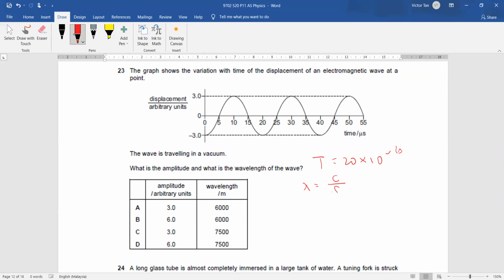Lambda equals c over frequency, 3 times 10 to the 8 times 20 times 10 to the negative 6. Oh, this is 10 to the power 8, sorry. Negative 6. So this is 60 times 10 squared, 6,000. So it's A.